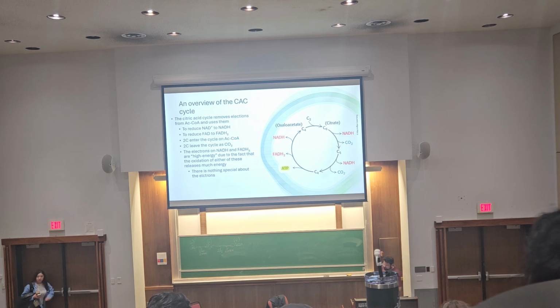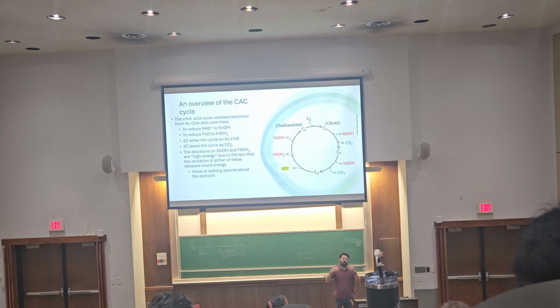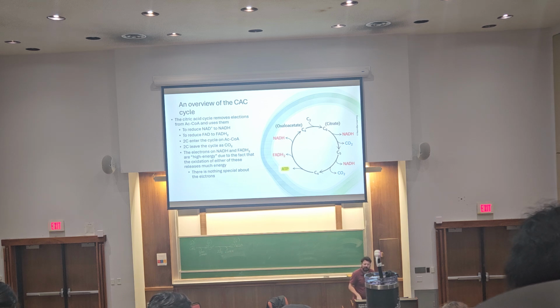Now, the oxidation of each molecule of NADH back to NAD+ is going to provide enough energy to power the synthesis of 2.5 ATP molecules on average. For FADH2, that's going to give us 1.5 ATP molecules. So an NADH is the same as saying 2.5 ATP molecules, and FADH2 is the same as saying 1.5 ATP molecules.